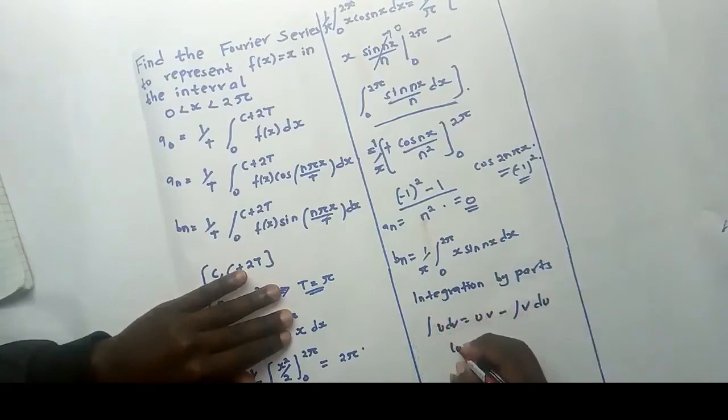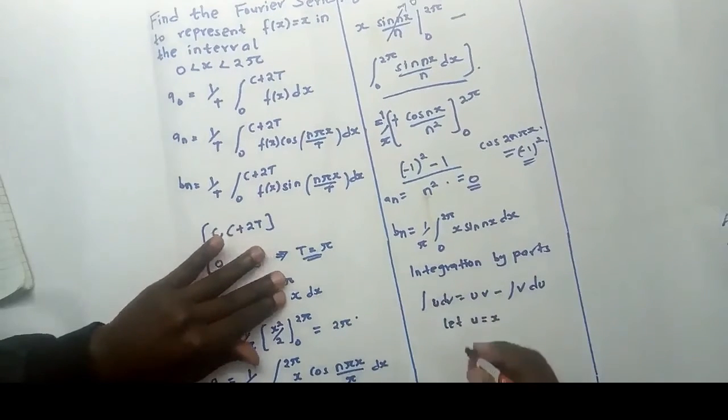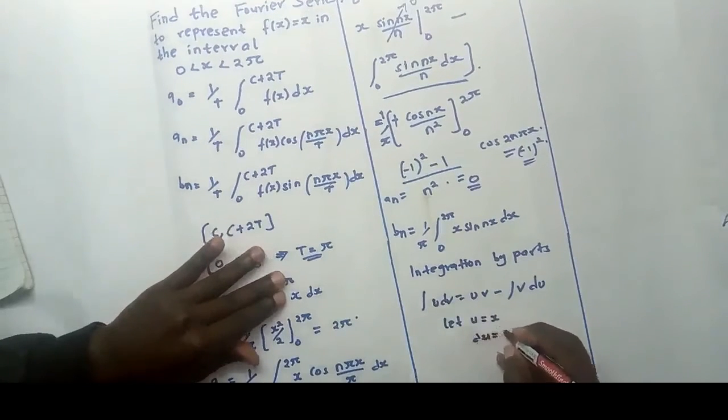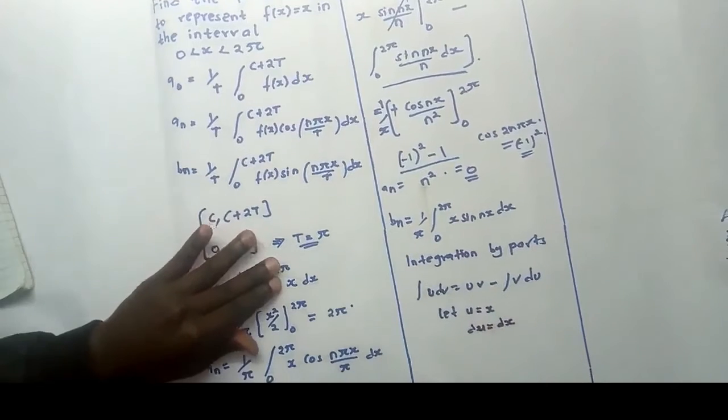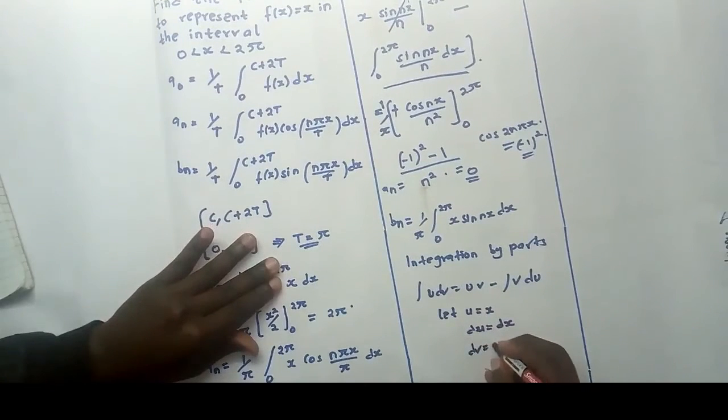So let u be equal to x, du is equal to dx, and dv is equal to sin nx dx, and v is now equal to negative cos nx over n.